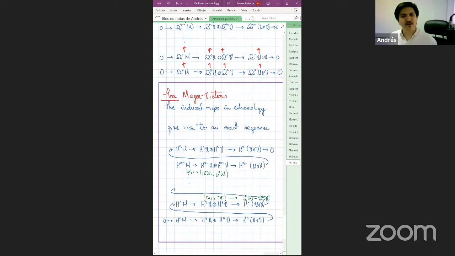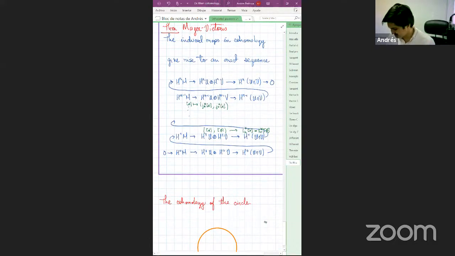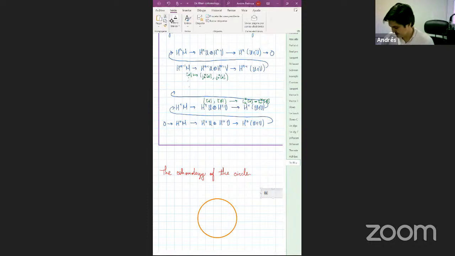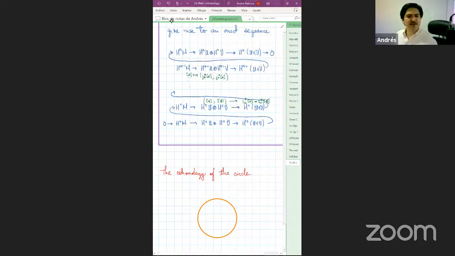Well, let's compute the cohomology of the circle using the Mayer-Vietoris sequence. Okay, so I have the cohomology of the circle. We need to take two open sets that cover the whole manifold.